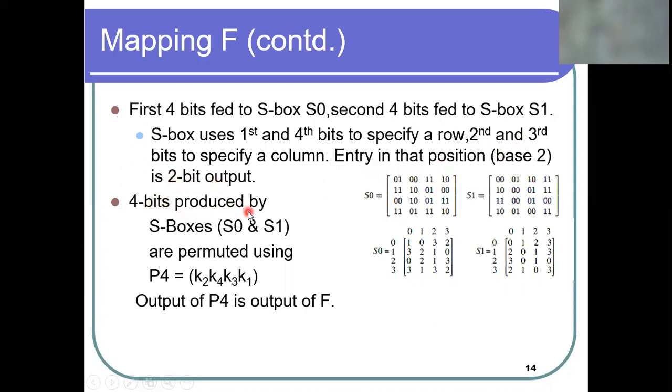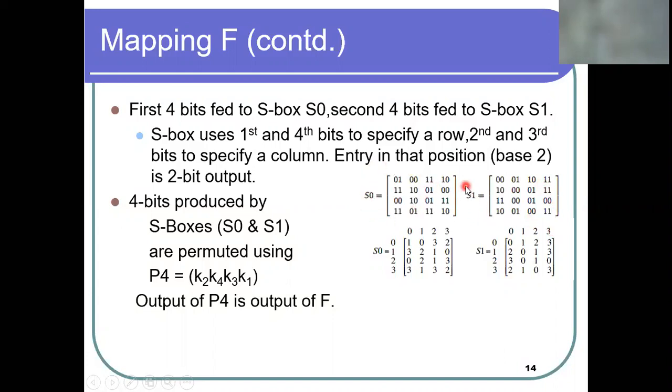The 4 bits produced by the S boxes, S0 and S1, are permuted using P4. So, dear student, I get 2 bits from this substitution box as an output and 2 bits from this substitution box as an output, and we can concatenate both these outputs.